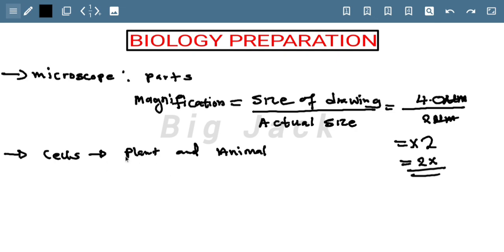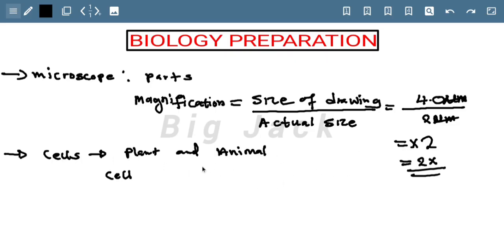Now, this brings us to an important topic. If you go through most of the examination past papers, you're going to find this topic called cell specialization. Here we have the plant cell and animal cell as general cells.